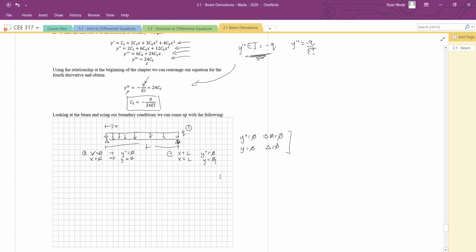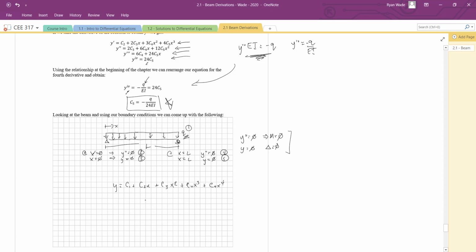Now, note that I technically used this as one boundary condition, the q from this part here. I've got a second one, a third one, a fourth one, and a fifth one. And I had 5 constants, right? So I had y is equal to c1 plus c2 x plus c3 x squared plus c4 x cubed plus c5 x to the fourth.